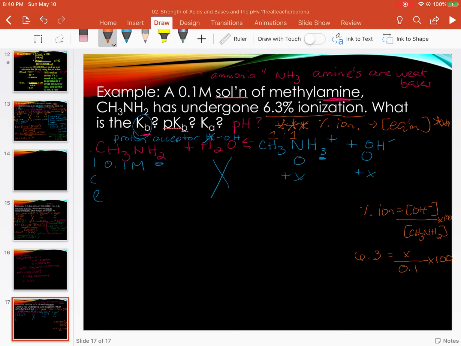Okay, so now there are a bunch of ways to solve for this. Some of your brains will automatically change the percentage into a usable number by dividing by 100. Or to get rid of the 100 on this side, then you divide by 100 on this side. Either way.